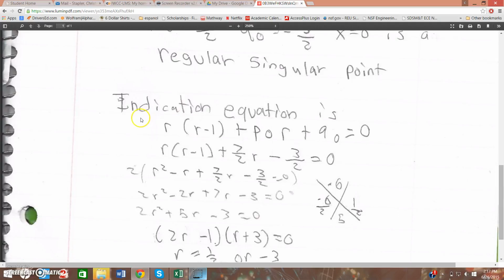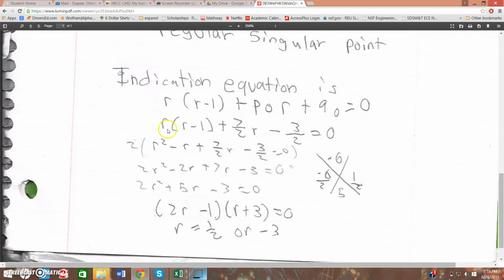So then we could use the indicial equation to find the exponents of the differential equation at x equals 0. And the indicial equation is just this: r times r minus 1 plus p naught r plus q naught equals 0.